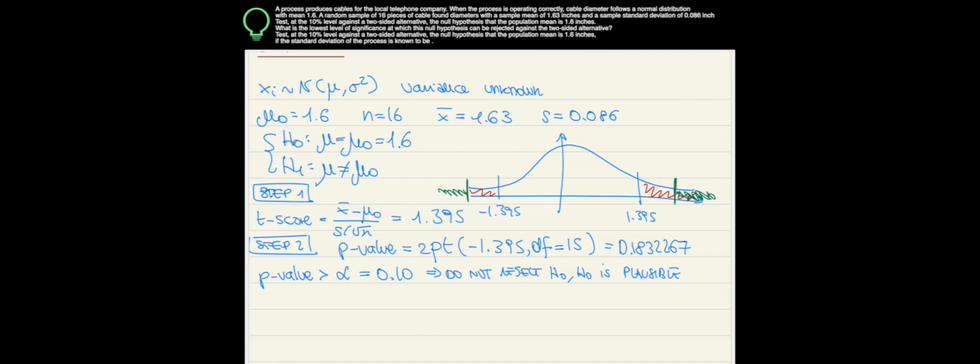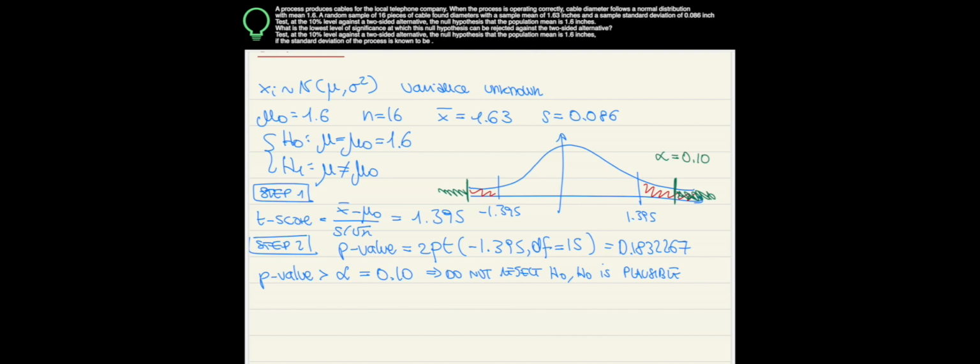And in particular, the green area is 0.10, because this is the alpha of this exercise.